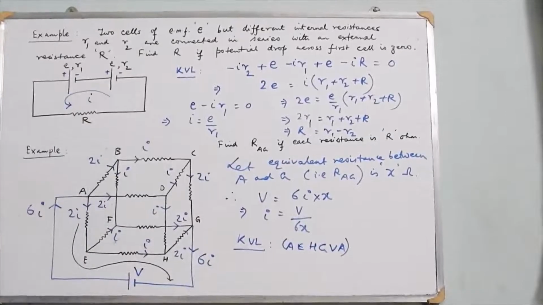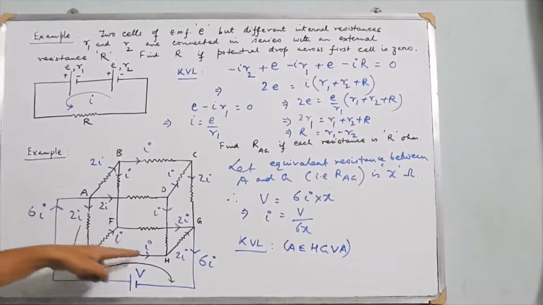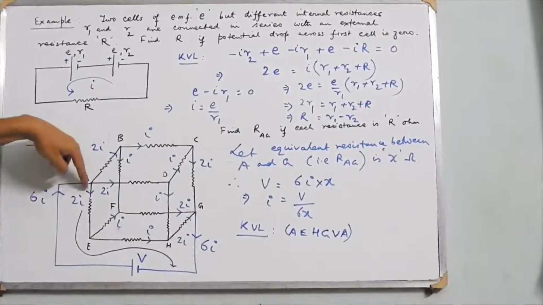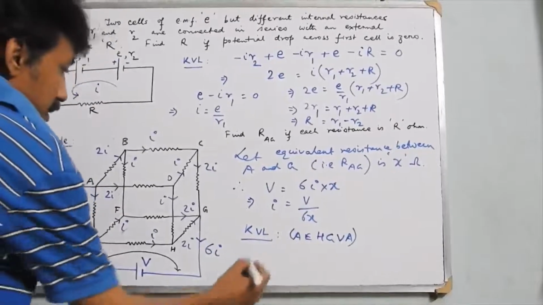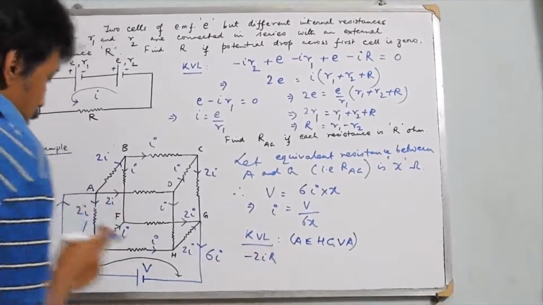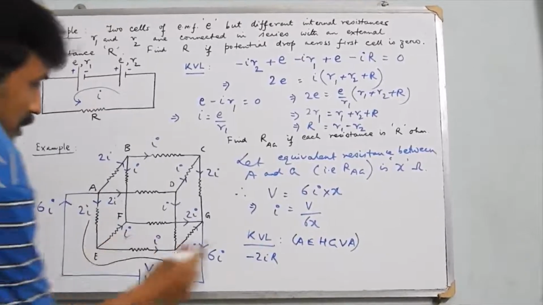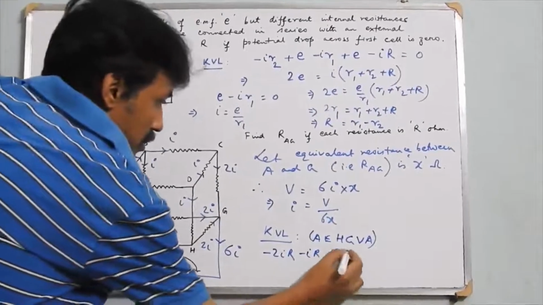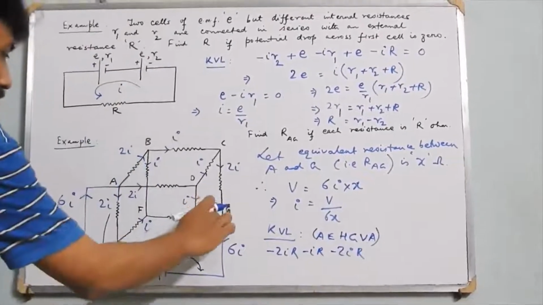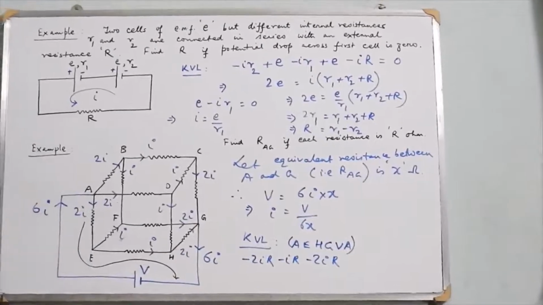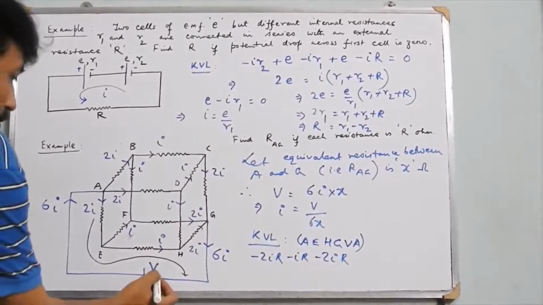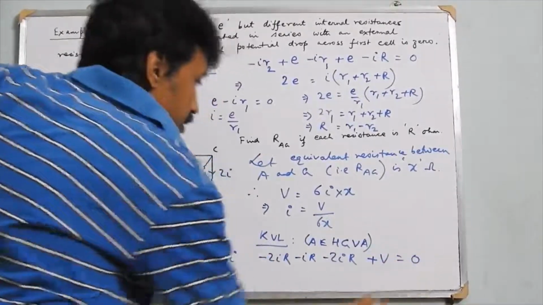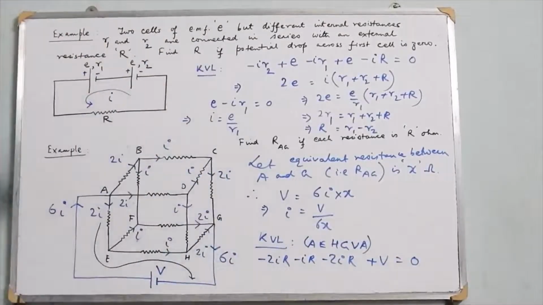So in this direction, if I apply KVL, I am moving in the direction of the current. So I have to take current into resistance as negative. So it is minus 2I into R. In this arm it is minus I into R. In this arm it is minus 2I into R. And then the EMF is from the negative to the positive, so it will be plus V, and the sum of the potential differences must be equal to 0.